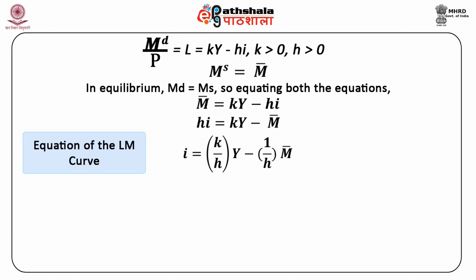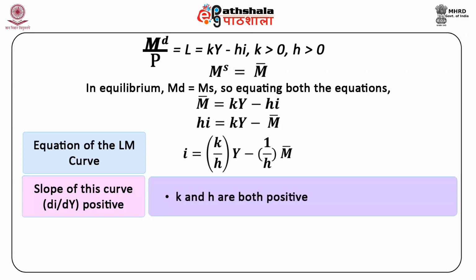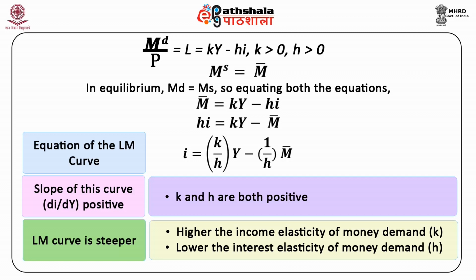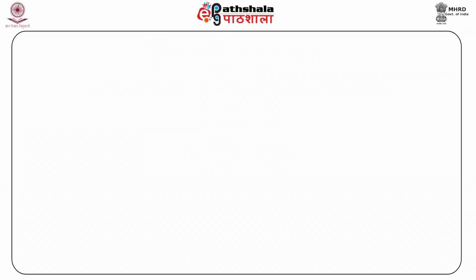This is the equation of LM curve. Clearly, the slope of this curve di divided by dy is positive since K and H are both positive. The LM curve is steeper, higher is the income elasticity of money demand K and lower is the interest elasticity of money demand H.